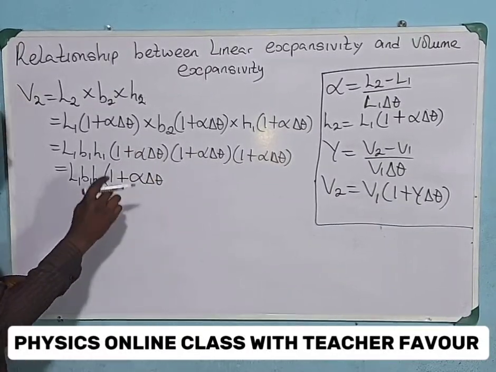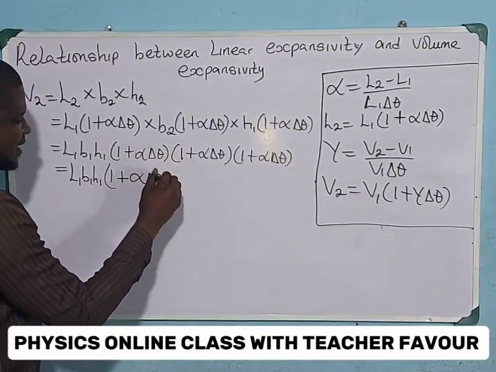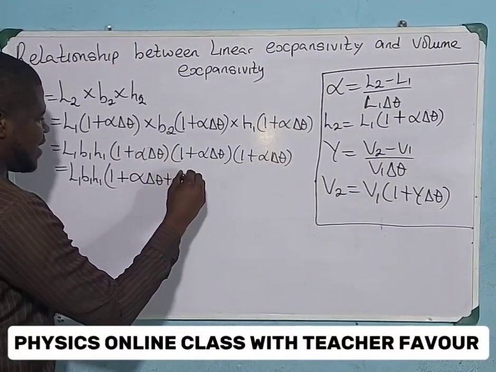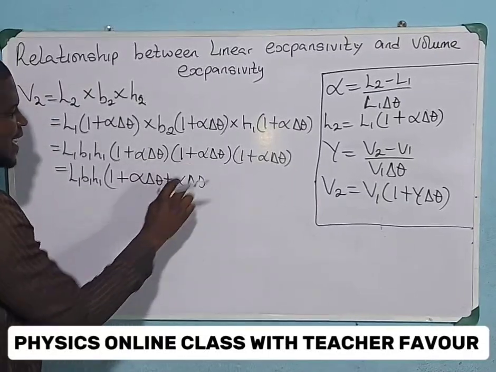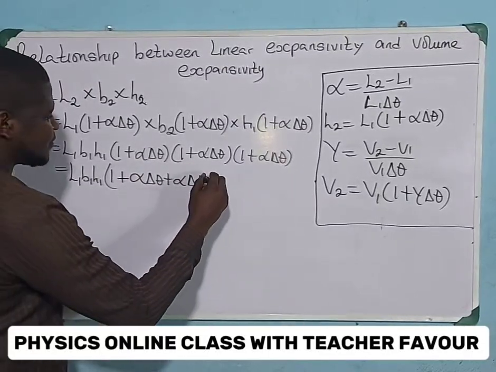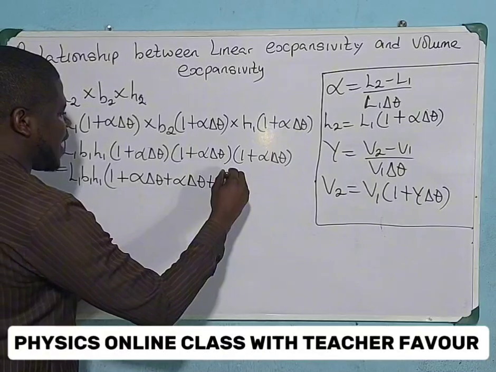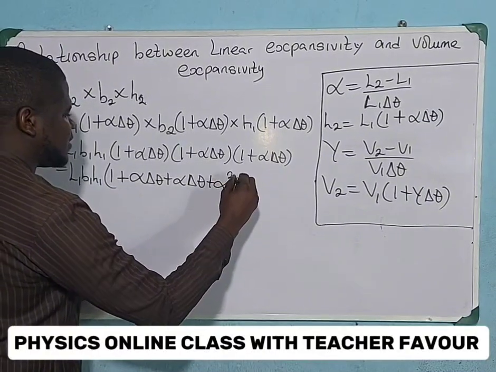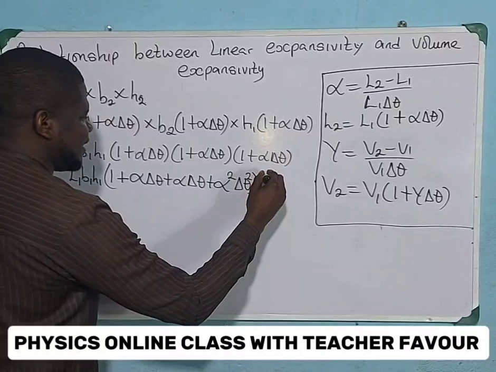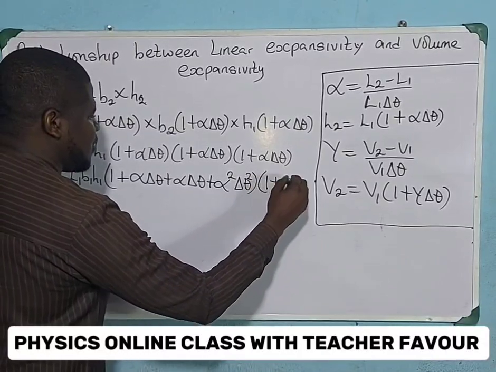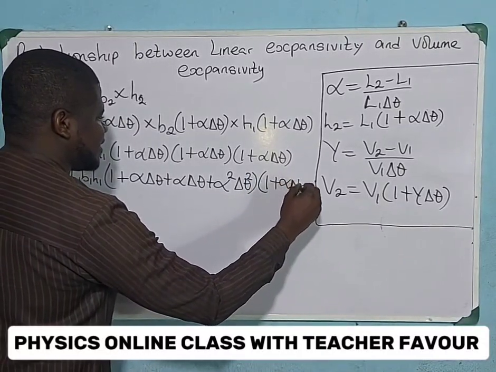We now come over to here. Alpha delta theta times 1 is equal to alpha delta theta. Alpha delta theta times alpha delta theta is equal to alpha square times delta theta square. We bring down this again, we'll have 1 plus alpha delta theta.